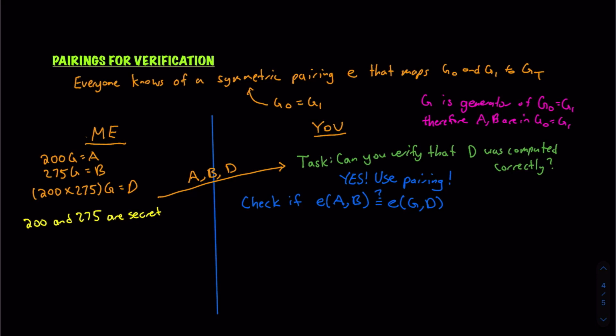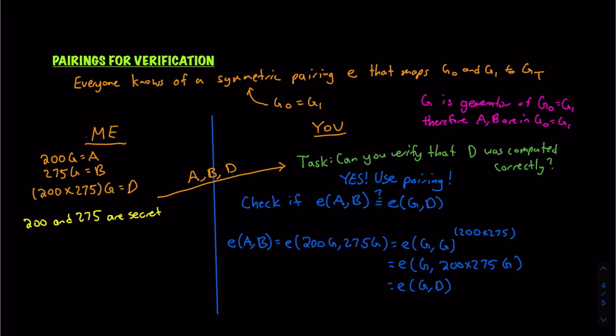If they are equal, then you know that I did the calculation correctly. Let's see why. Using the bilinearity formula, we see that E of A comma B equals E of 200G comma 275G, which equals E of G comma G to the power 200 times 275, which equals E of G comma 200 times 275G, which equals E of G comma D. Amazing.